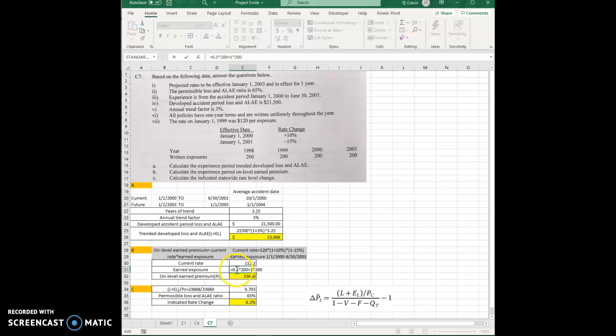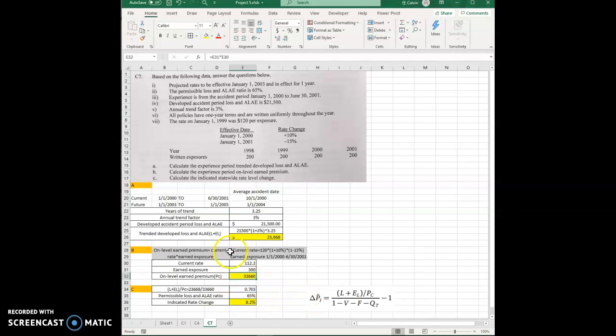This formula is right here: 0.5 times 200 plus 1 times 200, and we get the earned exposure is 300. So the on-level earned premium, PC, uses the current rate times earned exposure, and we get 33,660.